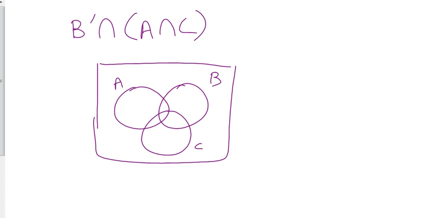B? No, no, no. What do we do first? We've got brackets. What do you do first? You do the brackets first, right? Okay, so we need to do A intersect C. Okay, where is A intersect C? Where A and C intersect?